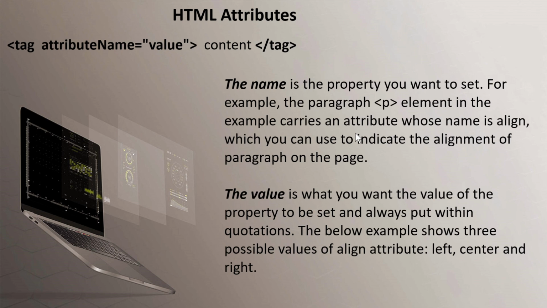The value is what you want the property to be set to, always put within quotation marks. The below example shows three possible values of the align attribute: left, center, and right.